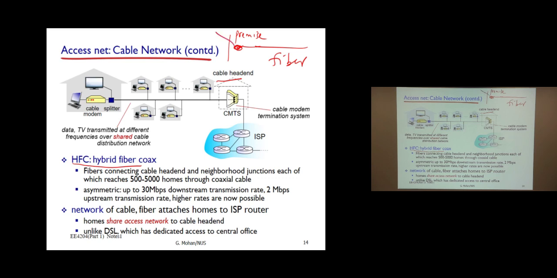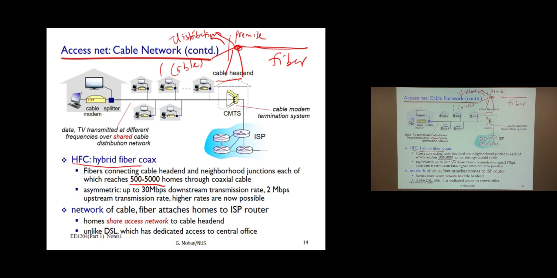Then from there is a distribution network, a coaxial cable based distribution network. So instead of running the coaxial cable network from the cable head end to the home, we just use one fiber closest to the premise. Then from there we serve a few hundred or few thousand homes through coaxial cable. That's what's happening. It's called hybrid because it uses both fiber as well as coaxial cable.